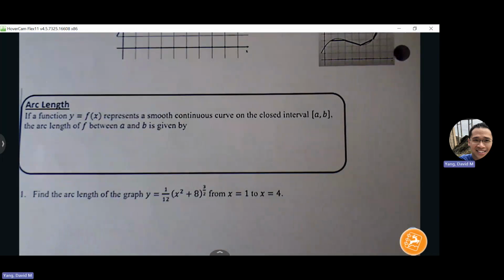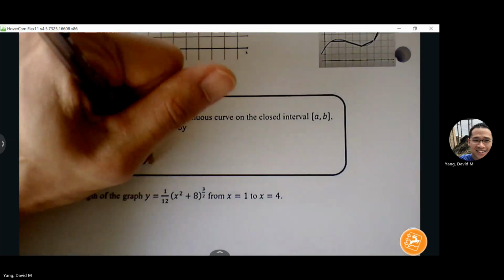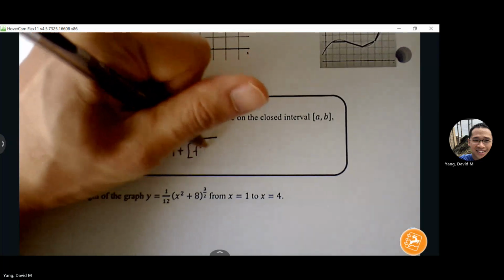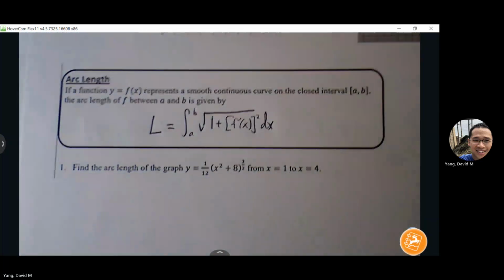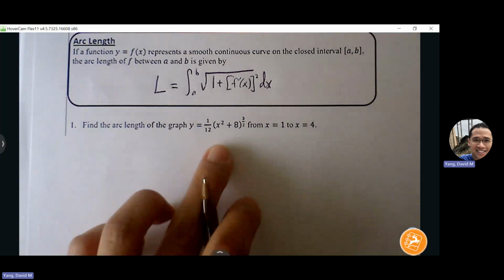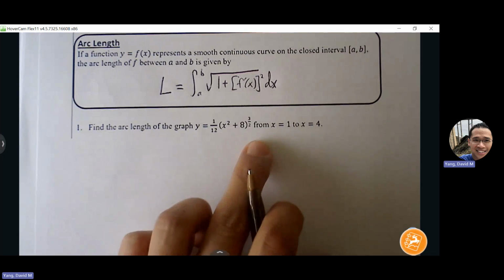Okay, let's try example 1. Okay. So it says find the length of the graph y equals 1/12 x squared plus 8 to the 3 halves from 1 to 4.